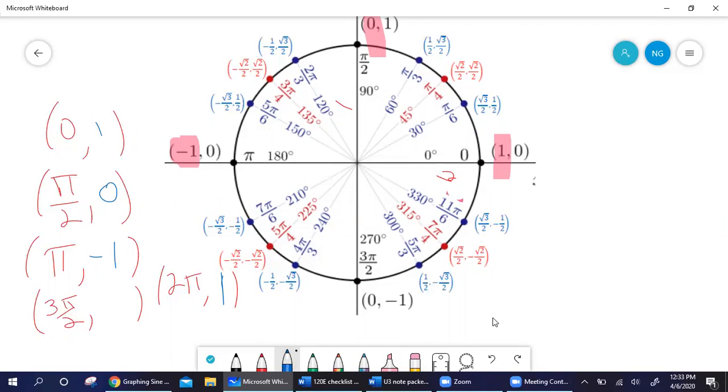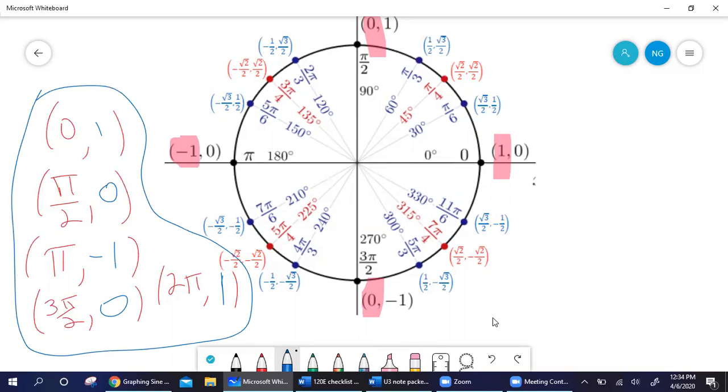Now, I know it seems like, oh, wait, you're calling it the x-coordinate, but you're drawing it in the y's. Remember, the unit circle is just telling me the sine and the cosine. And at 3 pi over 2, the x-coordinate is back to 0. So these will all be points on the cosine graph.